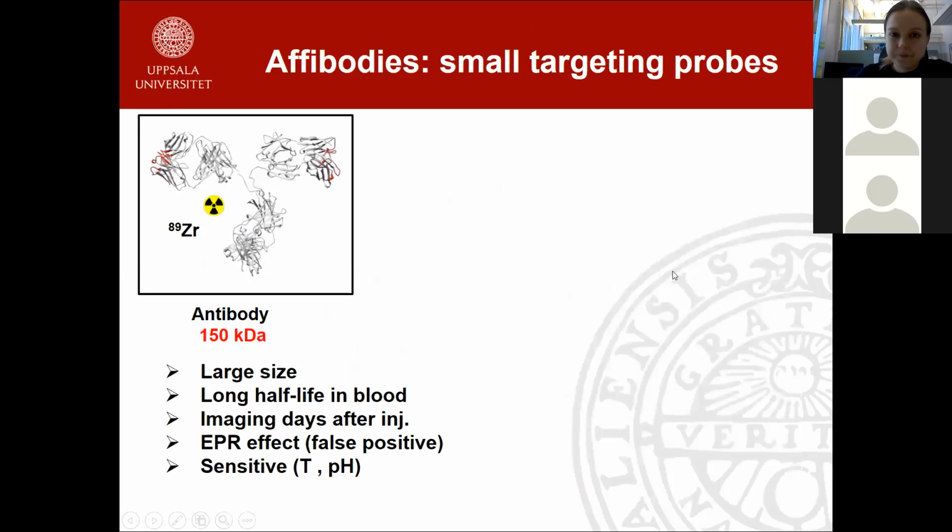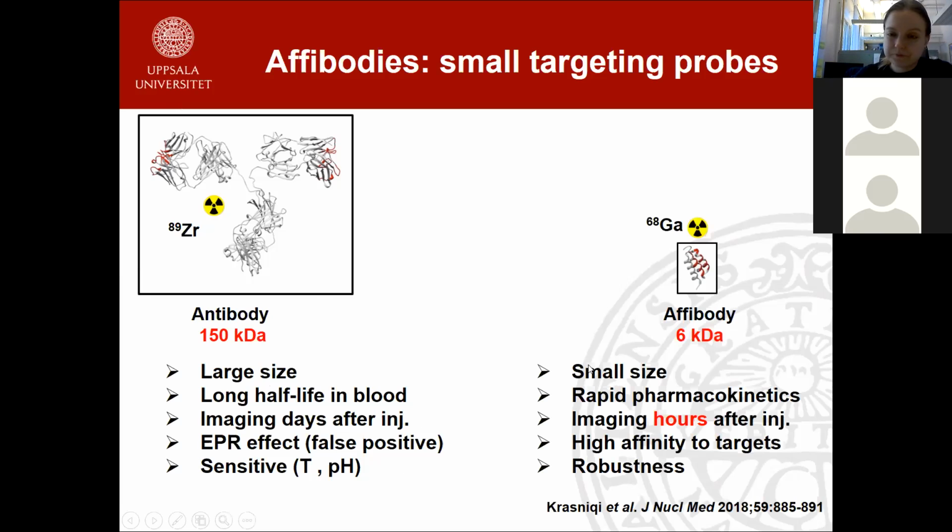And here I just want to say about antibodies, about what we do in our lab. We work with small targeting probes, so monoclonal antibodies have large size, they circulate in blood for a long time, and the imaging can only be done days after injection, and still it's not good. And it can also give you false positive results, and these molecules are very sensitive to temperature and pH.